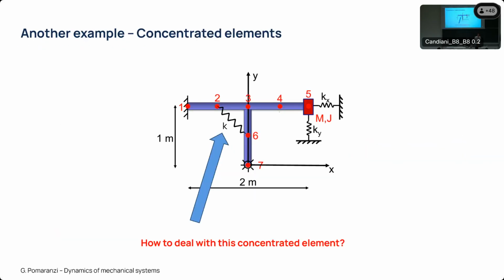Things change a little bit if we want to implement a concentrated mass between 2 elements, 2 nodes of the structure. Because in this case, it's not true that we can just sum those stiffness contributions on the diagonal, because a spring is placed between 2 points, so we can't only add a stiffness contribution on the diagonal of the stiffness matrix.